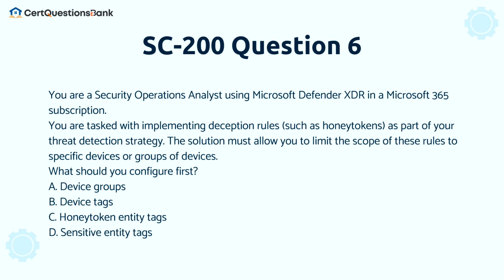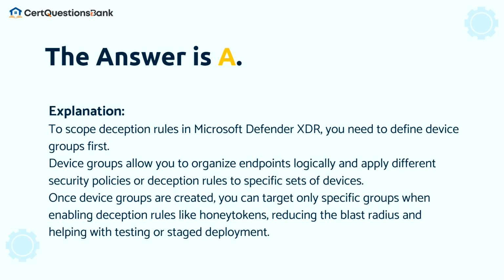The solution must allow you to limit the scope of these rules to specific devices or groups of devices. What should you configure first? A. Device groups. B. Device tags. C. Honey token entity tags. D. Sensitive entity tags. The answer is A.